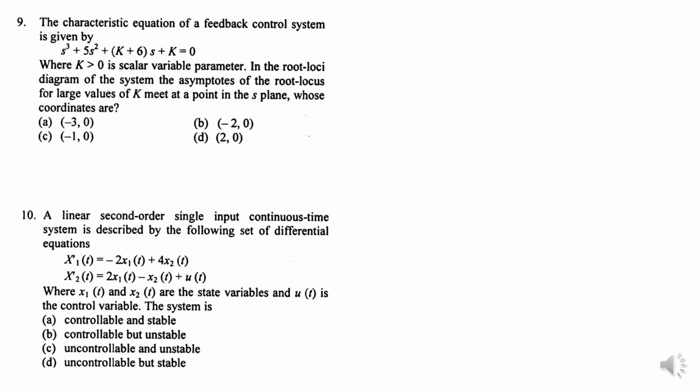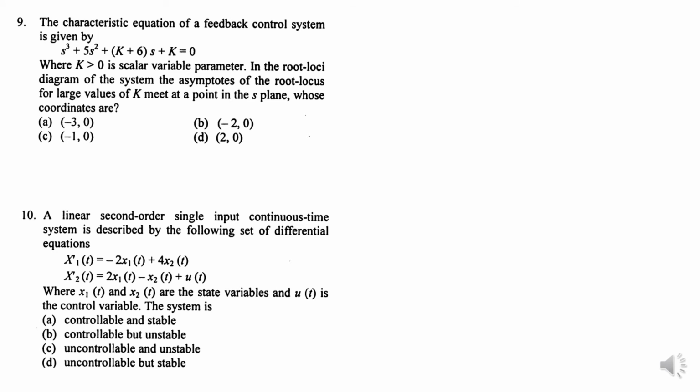Next one, the characteristic equation of a feedback control system is given by s cube plus 5s square plus (k plus 6) into s plus k is equal to 0, where k is greater than 0 is a scalar variable parameter.